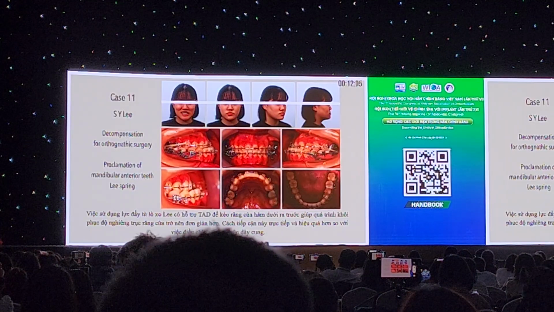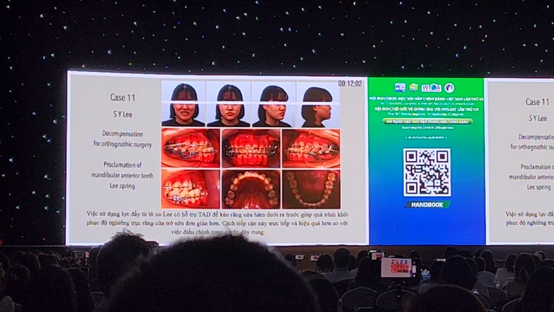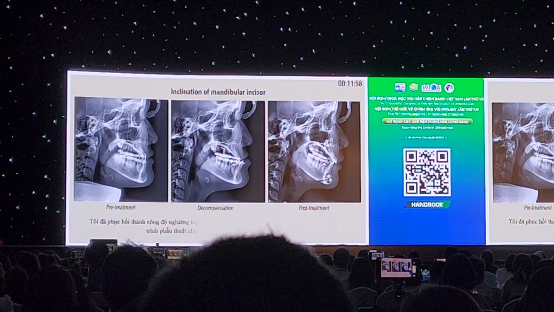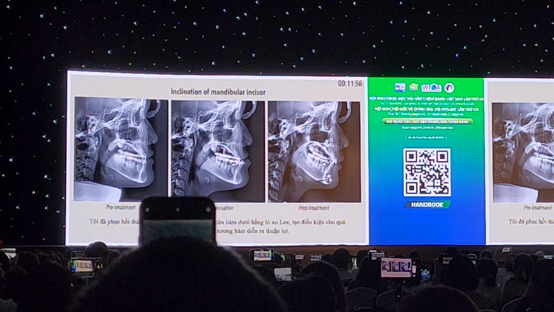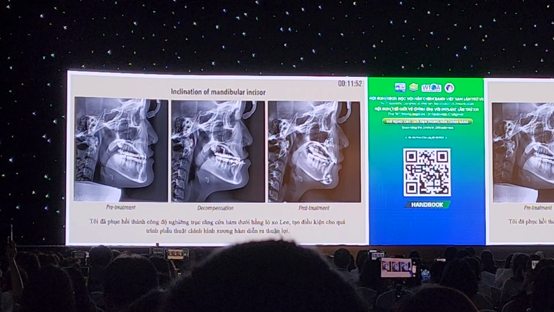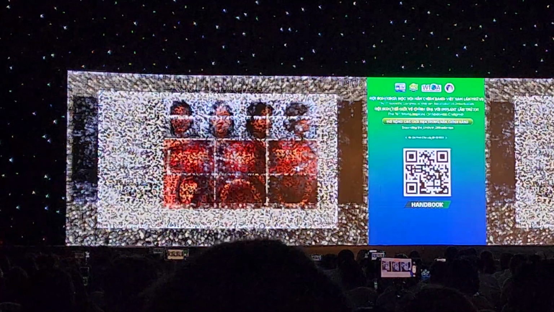This approach is more direct and effective compared to tip application on the arch wire. I successfully restored the inclination of the mandibular incisors with the spring, facilitating a smooth execution of the orthodontic surgery.